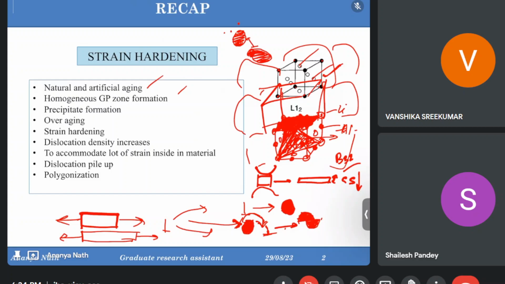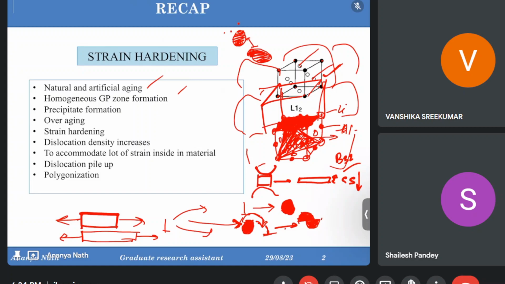So a lot of new dislocations have formed inside the material, and these new dislocations will be of two types. Obviously, there are mostly only two possible types of dislocations. One is edge, another is screw. Both dislocations have their own characteristics and properties, and their motion is different. Their Burgers vectors are different. Their direction of movement and everything is different.